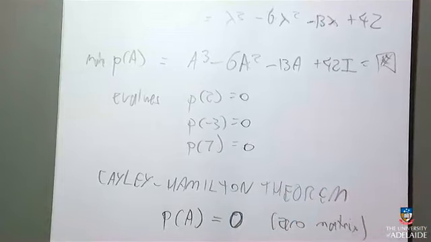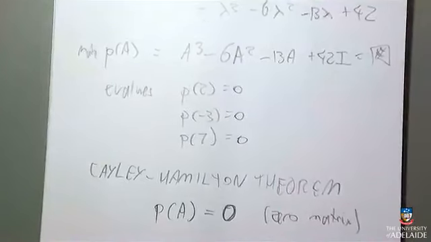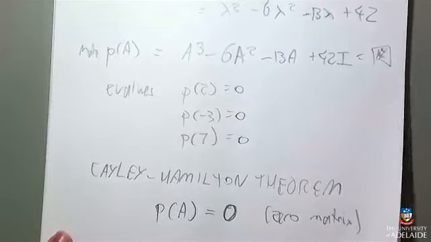So not just that the eigenvalues are 0, but the entire matrix is 0. If you sub a matrix into its own characteristic polynomial, you'll always get the 0 matrix as the answer. And that's kind of cute, right? You go, oh, well, we're going to sub matrices into polynomials. Well, here's a polynomial. Let's see what happens here. And the answer always comes out to 0.